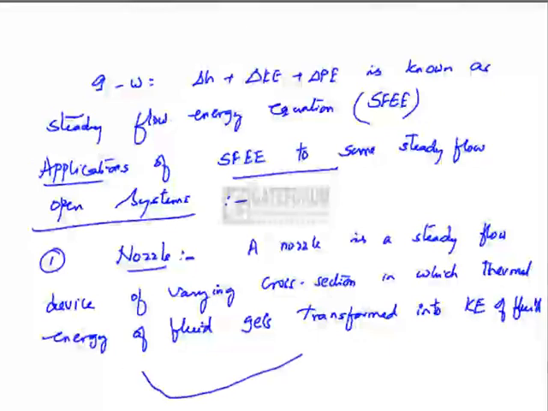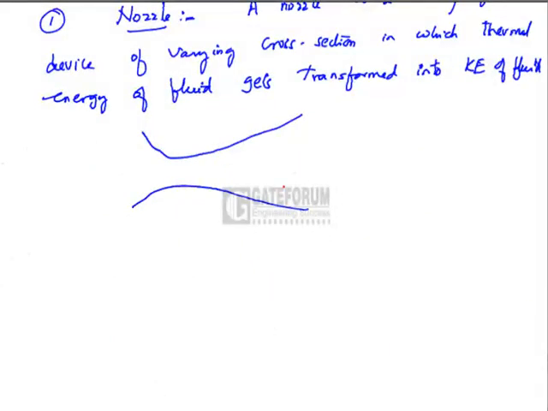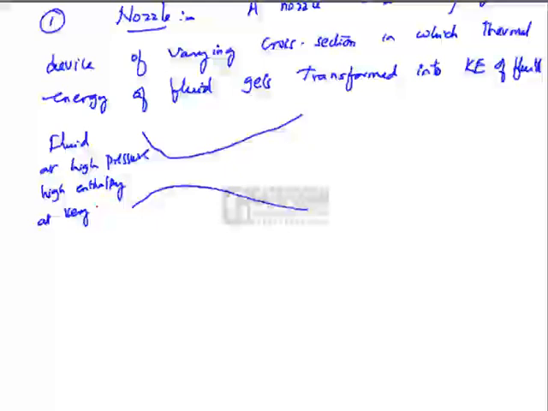Looking at the figure, consider a convergent divergent nozzle where fluid at high pressure, high enthalpy, at very low velocity enters at inlet, that is at section 1.